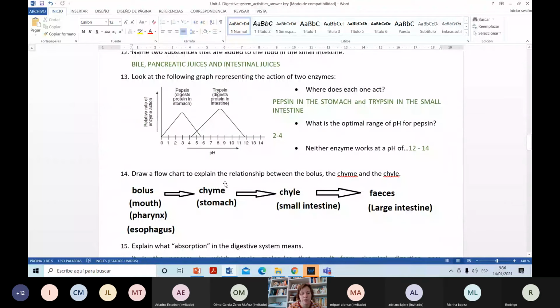I would say up to this one. That's the last one that we've corrected, I think, in which I was asking you for a flow chart relating these 3 terms, the bolus, the chyme, and the chyle. Remember, these 3 terms are very important in this unit, okay? As soon as food gets into your mouth, it's going to be transformed into the food bolus. Who is doing this job?